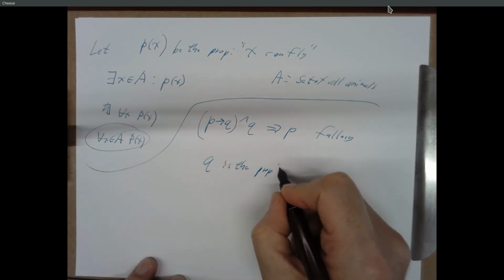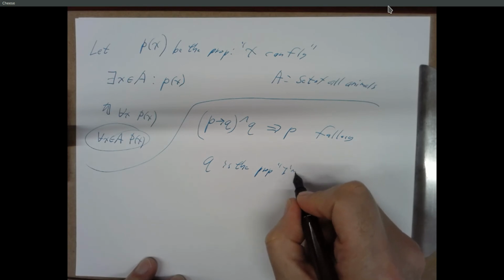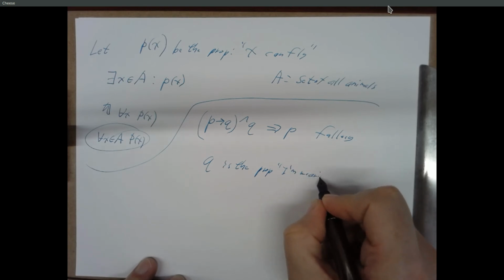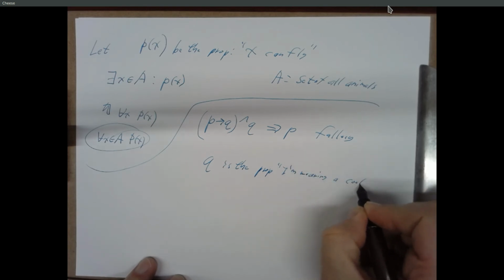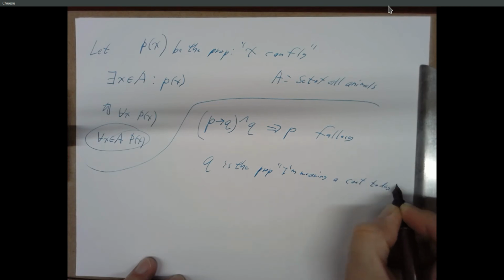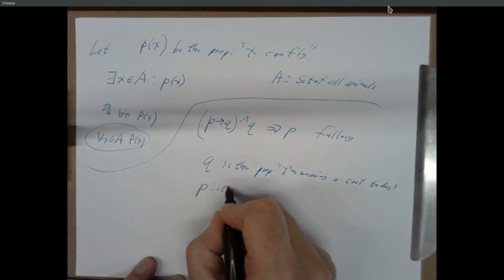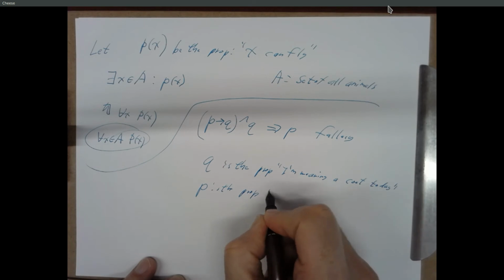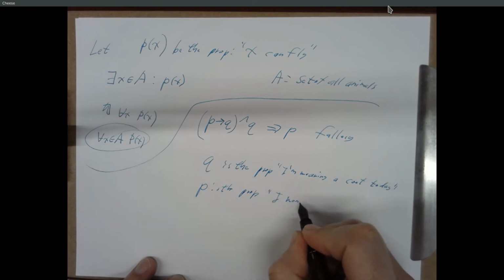Q is the proposition, I'm wearing a coat today. P is the proposition, I won the lottery last night.